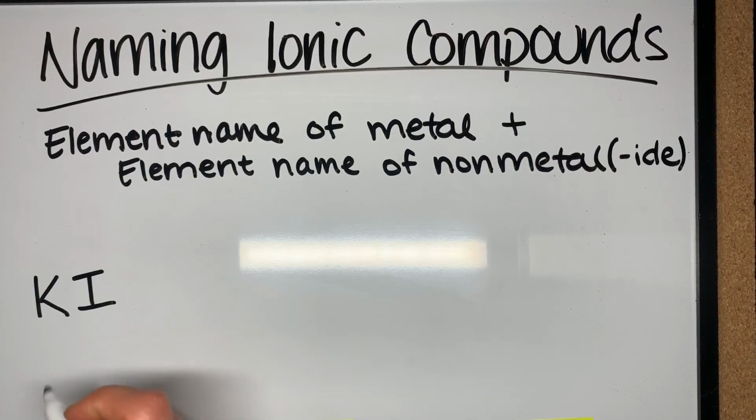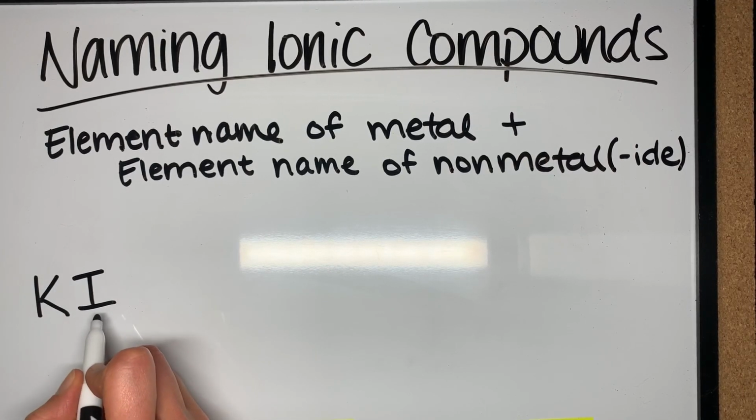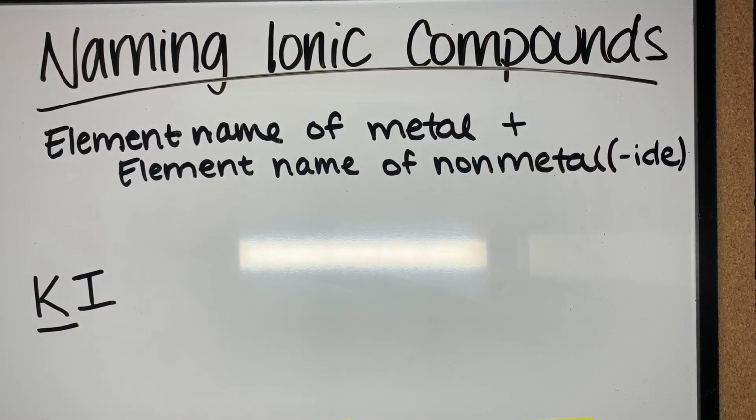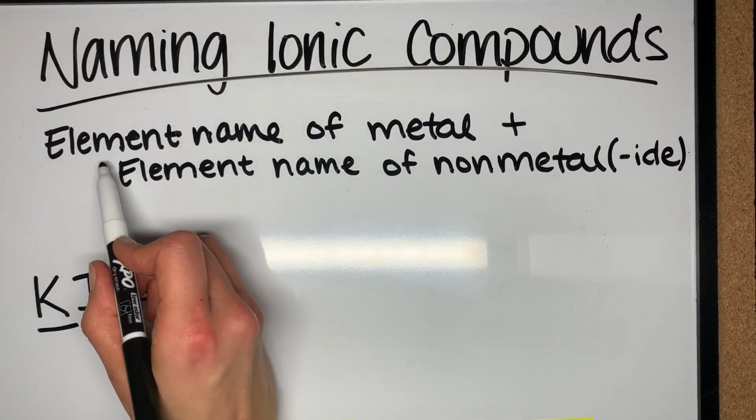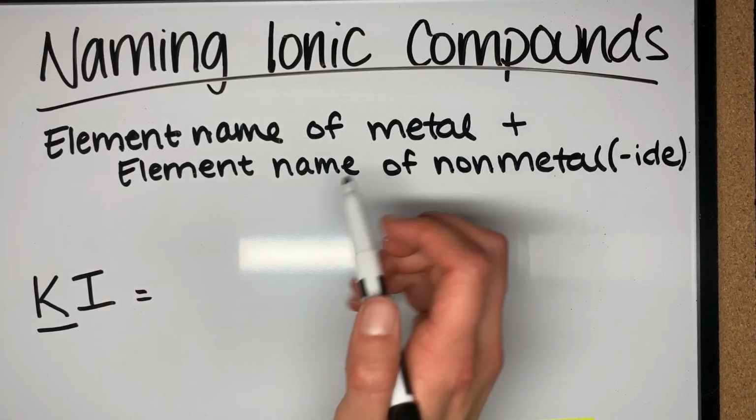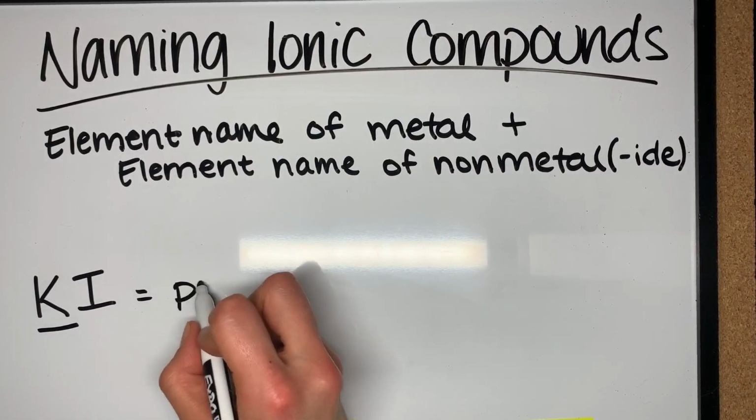Let's say that we have the compound KI. We look at the first element and we notice that potassium is in group 1, it is classified as a metal. So therefore, we automatically know that this is an ionic compound. To name it, we are going to write the element name of the metal. So we have potassium.